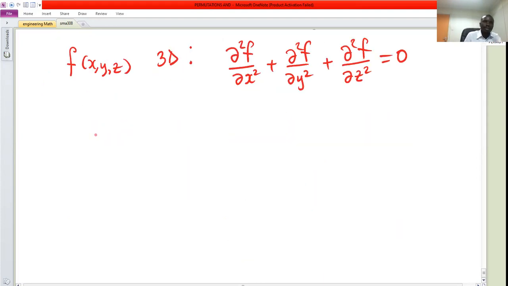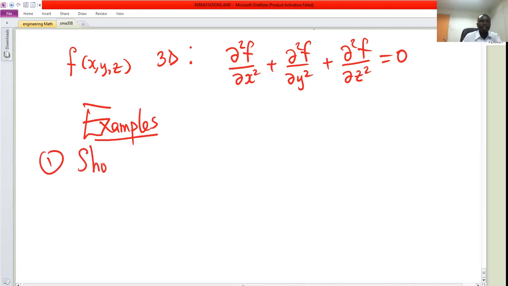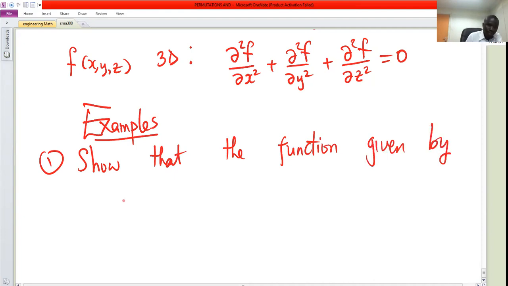So let's start with the examples. Our first example: show that the function given by f of x, y equals e raised power ax sine of ay satisfies the Laplace equation.